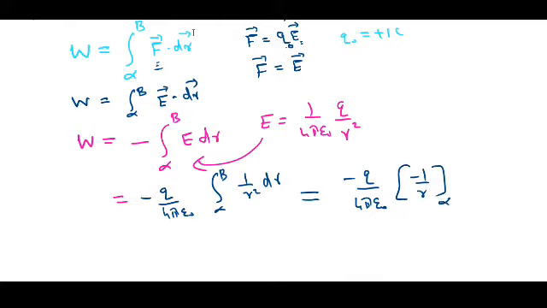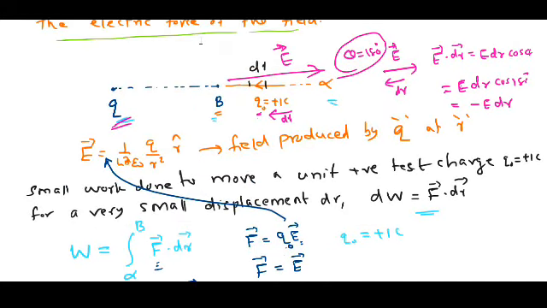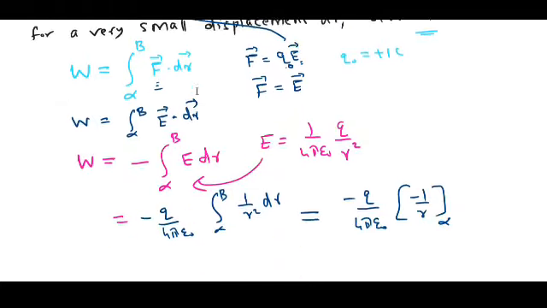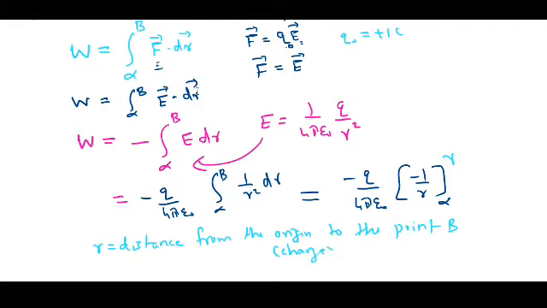See, from infinity to the point B, if you refer to this figure, I consider that point B is at a distance R from the origin, or from the source charge. Therefore, I take this as R, where R is the distance from the origin to the point B, or the distance from the charge, because the source charge is kept at the origin.